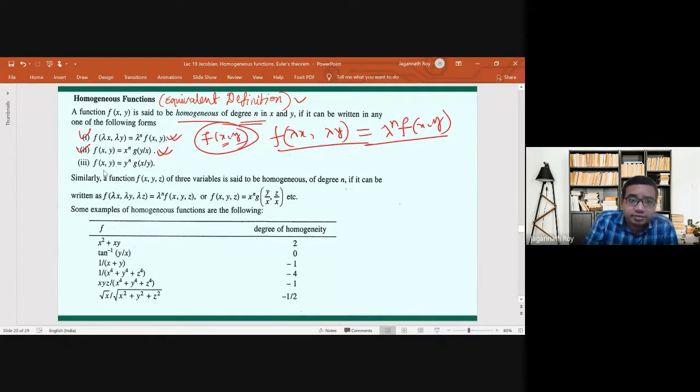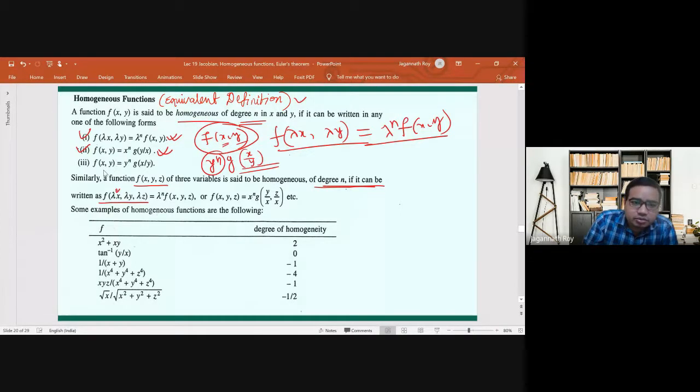Similarly, we can have a polynomial in the form of x by y also, times y to the power n. That is also possible. So this is actually a homogeneous equation in two variables. But for a homogeneous equation of three variables, if it is this kind, then we will have to write it accordingly.